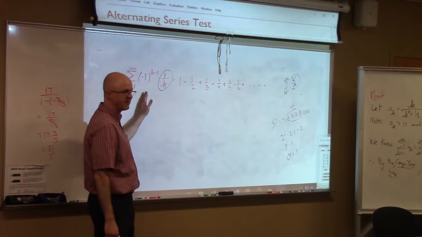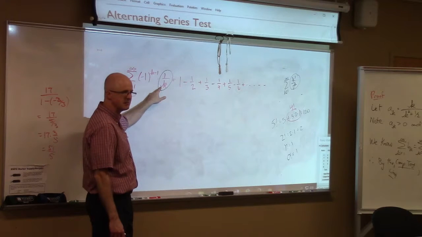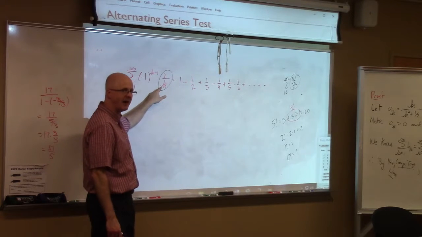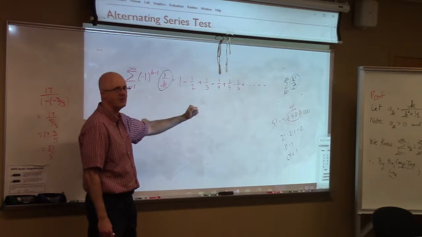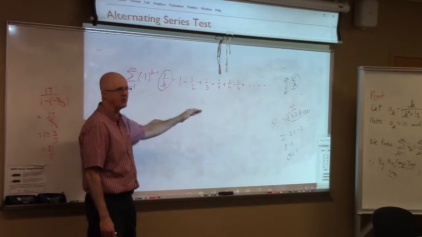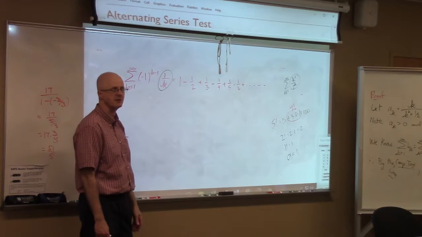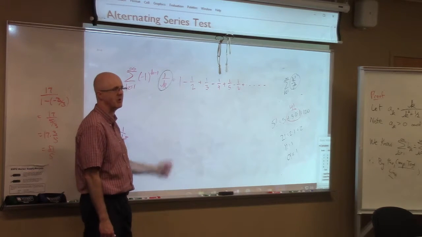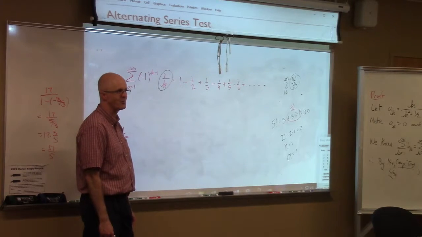A series of this form. This thing that I circled in black here is a sequence of positive things that decrease to 0. The alternating series test on page 517 guarantees that this series does converge. It's a situation where you can apply the test.